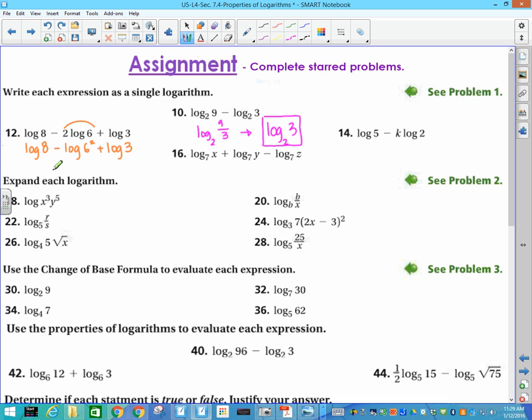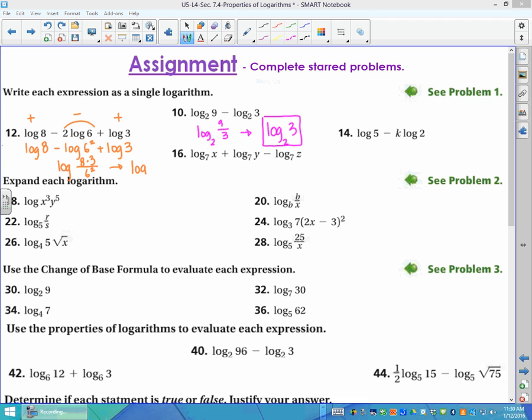When you bring this together, this one I hope you realize is positive, this one is negative, and this one is positive. So if I have any negatives, then I have to have division. So on top is going to be 8 times 3, and on bottom is going to be 6 squared. So when I bring those together, you need to figure out what 8 times 3 is, 24, and 24 over 36 simplifies to 2 over 3.